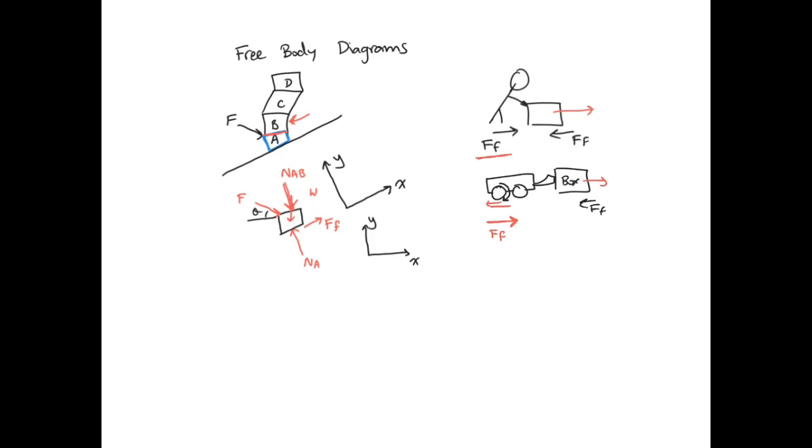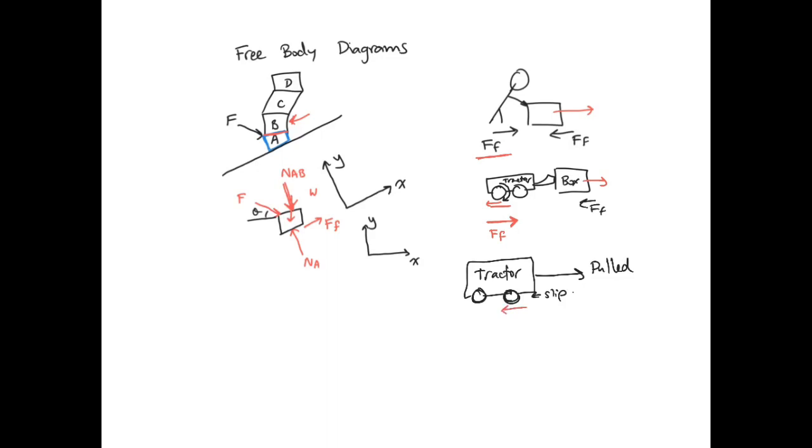But let's say you had a tractor that was getting pulled. So again, we have a tractor here, but this time some cable is pulling the tractor, and these tires are slipping. That now means that your force of friction is going to be moving to the left.